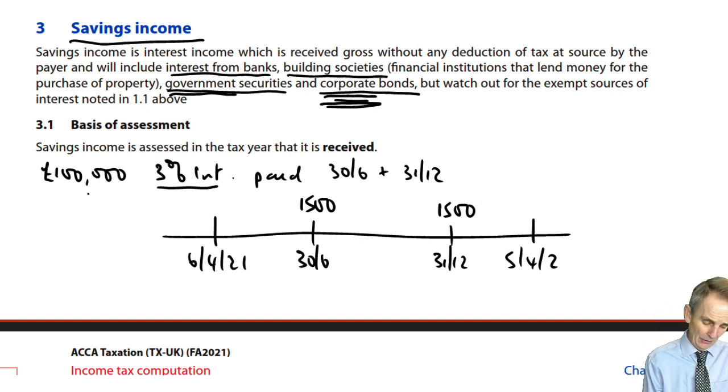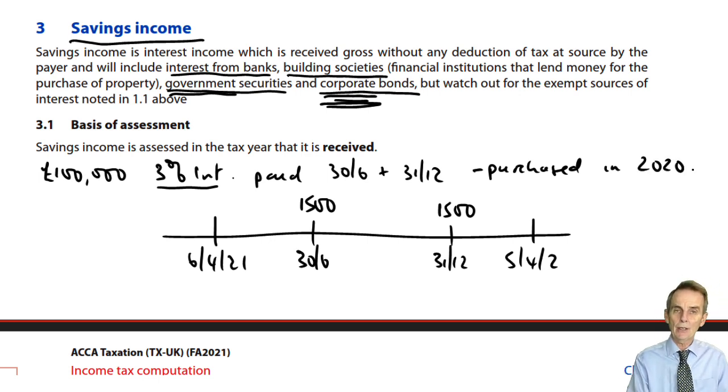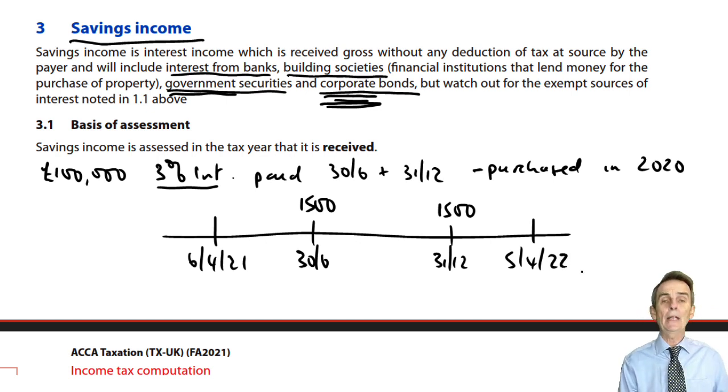If, for example, these particular securities had been purchased, let's say, in 2020, before 2021, then we had owned those securities throughout 2021 and onwards into the 5th of April 2022.